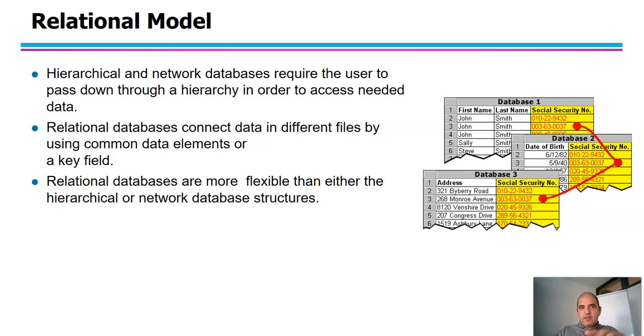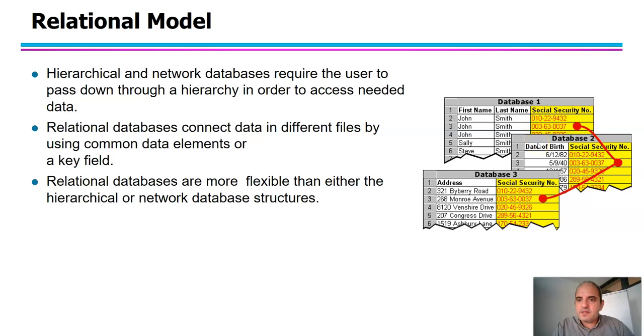Besides this, relational databases can join tables. If they have some common data, they can build a bridge between tables. So let's take a look at the picture here on your screen. Here in database 1, we have 3 John Smiths and we have social security numbers.